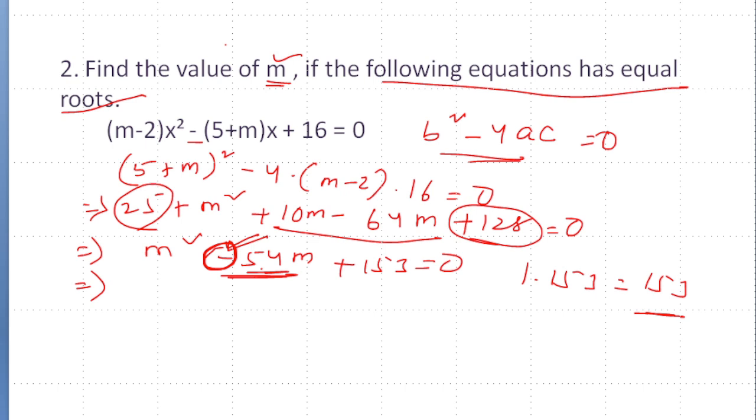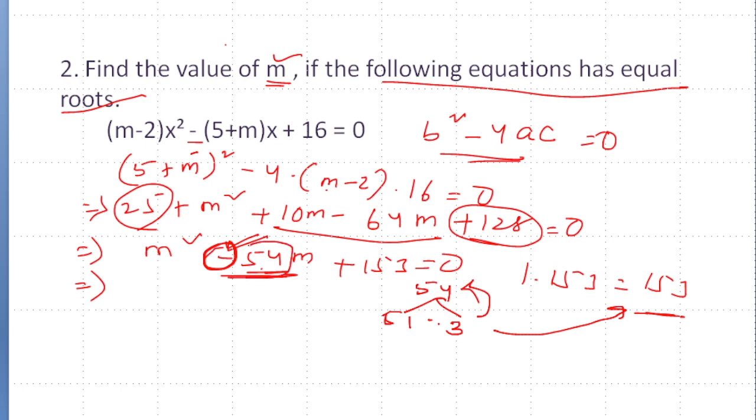Okay, so now come here. Factorize 54. It will come 51 and 3, which multiply will come 153, and addition will come 54.